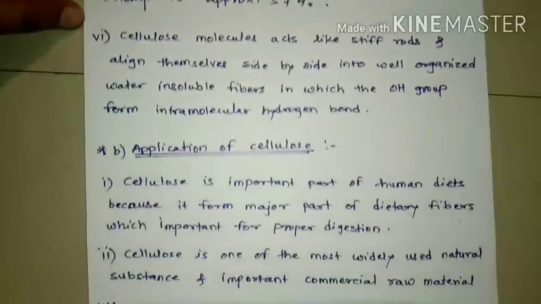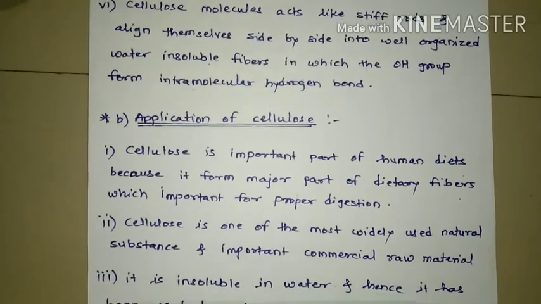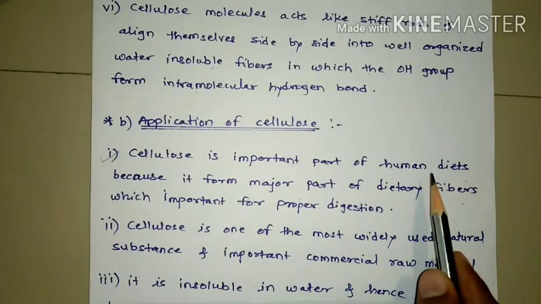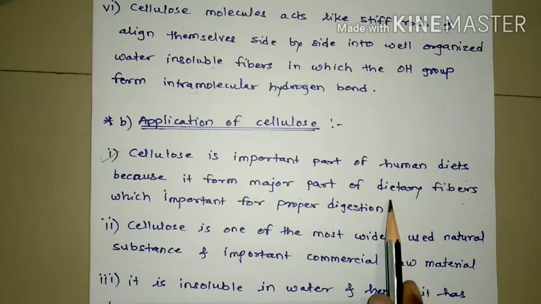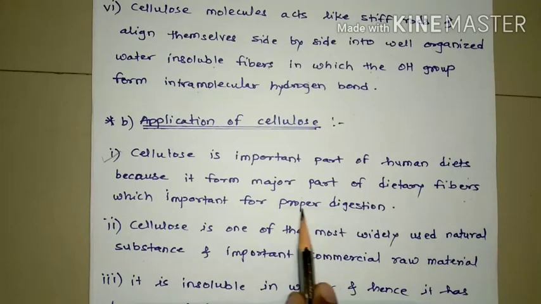Then next one is application of cellulose. First, cellulose is an important part of the human diet because it forms a major part of dietary fibers, which are important for proper digestion.